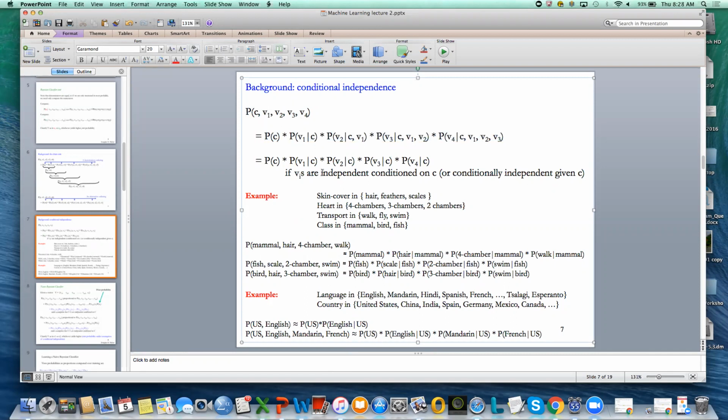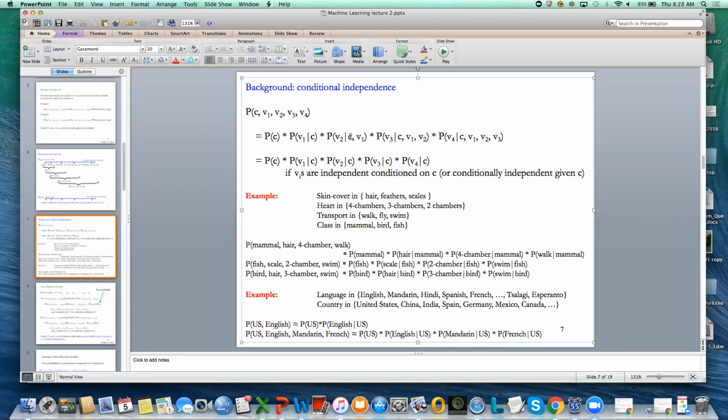But if the Vi's are independent, conditioned on the class, sometimes said to be conditionally independent given the class, then we can rewrite this as this. Notice that in this case, these two values are the same, but if the V sub i's don't depend on one another, if you know the class, then we can rewrite this value as this one, excluding additional conditioning on V1.